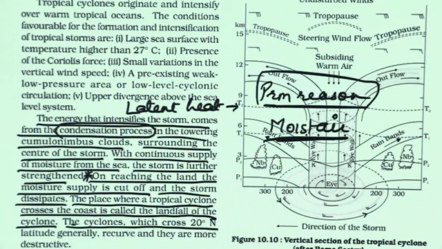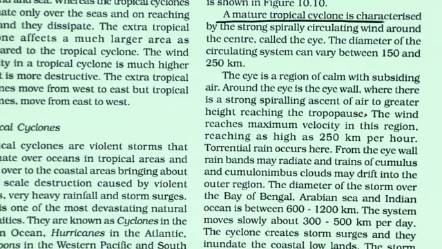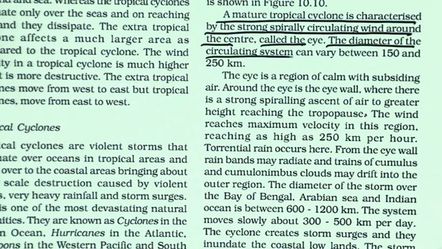The cyclone which crosses 20 degrees north latitude generally recurves and is more destructive, recurving largely with the favorable pressure gradient force. A mature tropical cyclone is characterized by strong spiral circulating wind around a center called the eye. The diameter of the circulating system can vary between 150 to 250 kilometers.